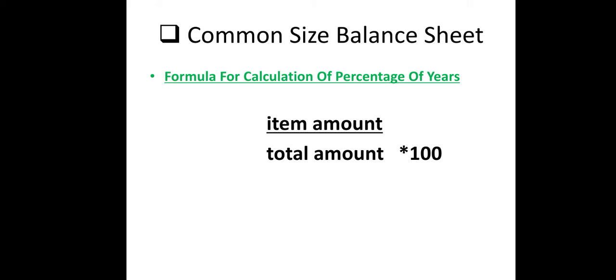Just imagine as an example, share capital is given as 2 lakhs and the total amount is 10 lakhs. 2 lakh divided by 10 lakhs into 100. Like this we will calculate the percentage. This is the common size balance sheet formula.